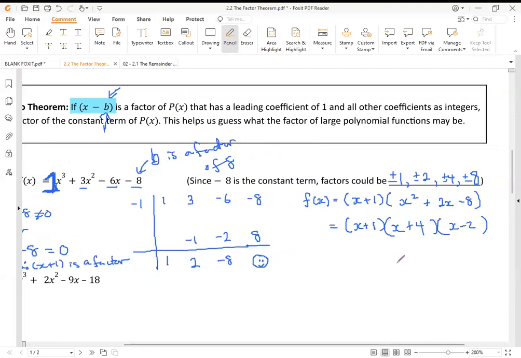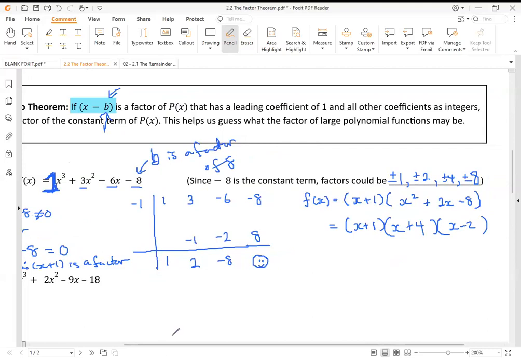Find the remainder of 0, we can factor, and by consequence, we can sketch. That's the final bit.